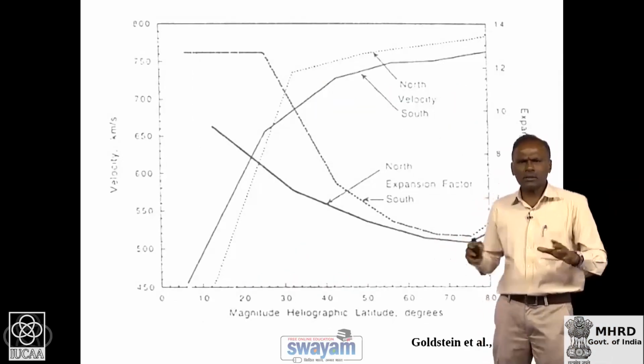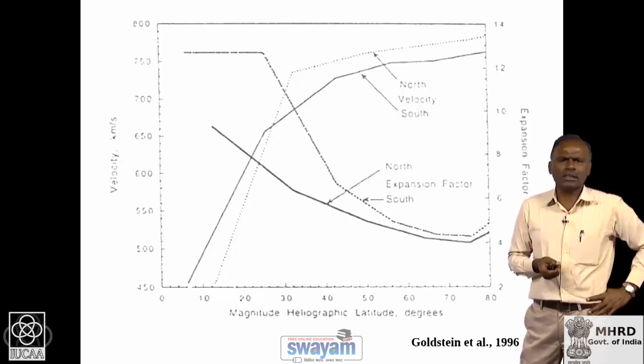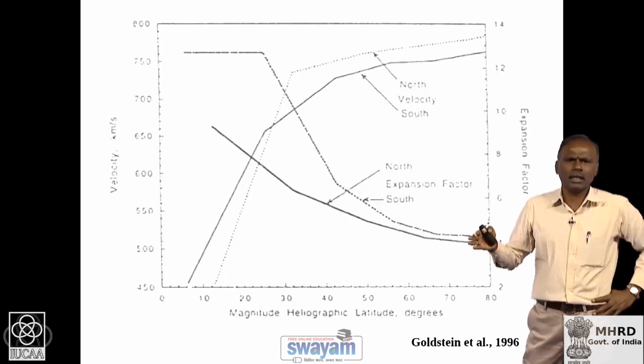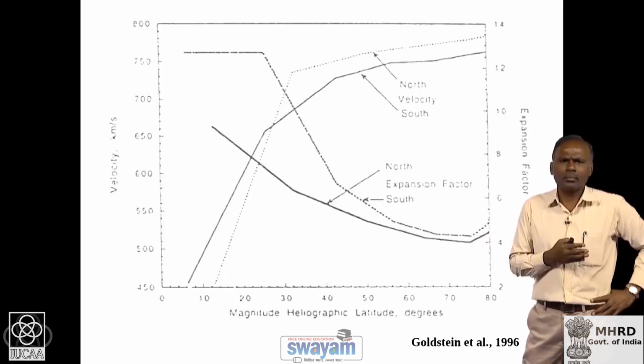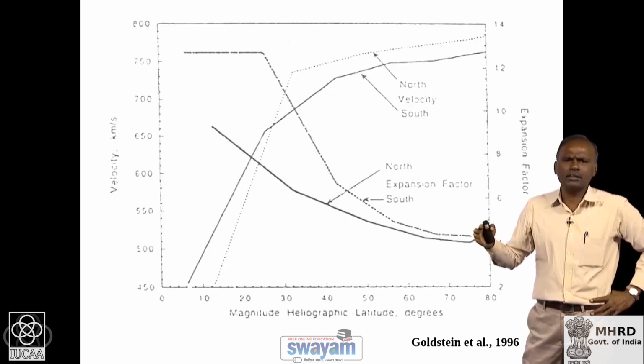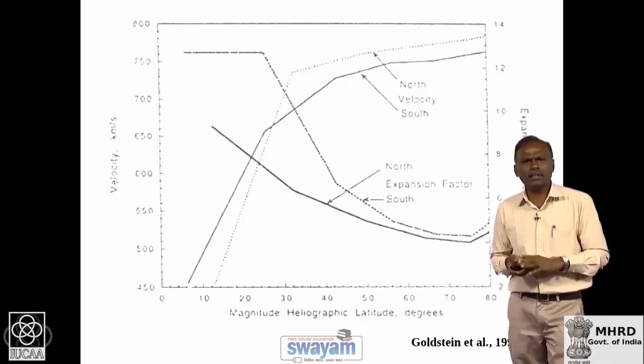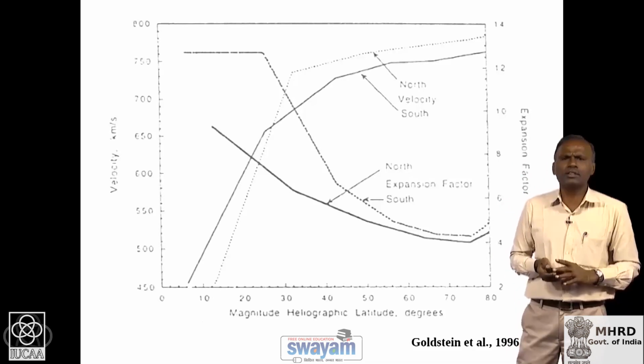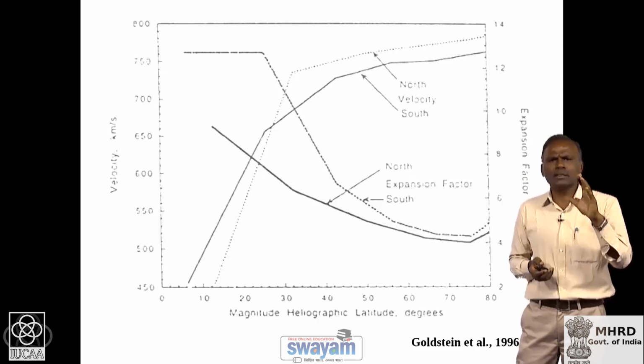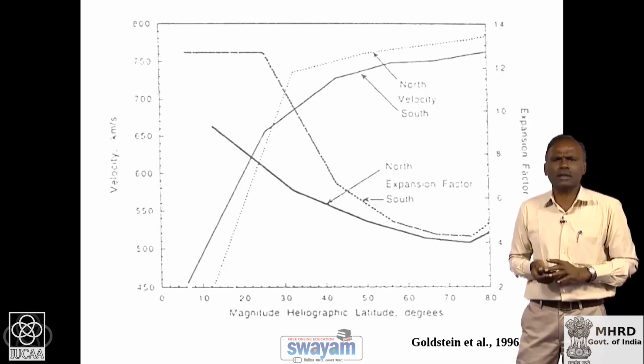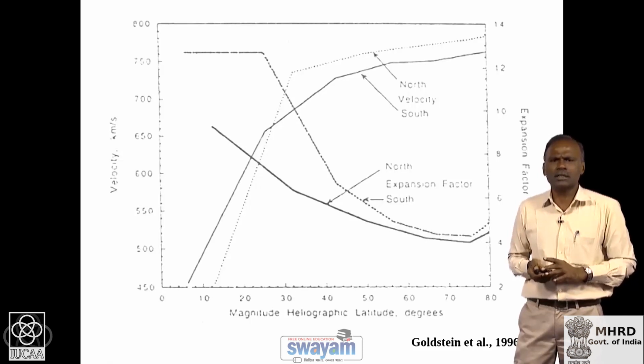In this curve, the horizontal axis is the magnetic heliographic latitude in degrees, and the vertical axis is the solar wind speed, and this is for the North Pole and South Pole.